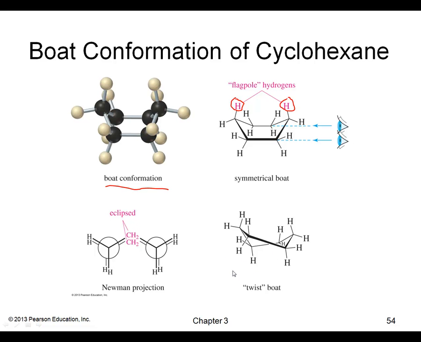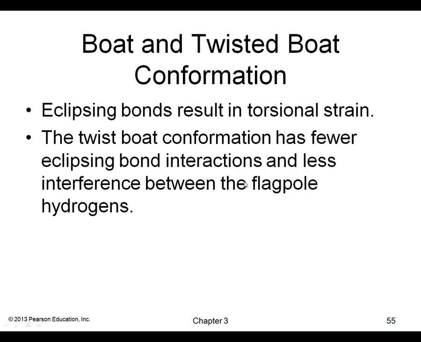So you can also have a conformation called the twist boat, where it twists a little bit to get rid of these flagpole interactions. Okay, so the twist boat has fewer eclipsing bond interactions and less interference between flagpoles. So the twist boat is always lower energy compared to the regular boat.